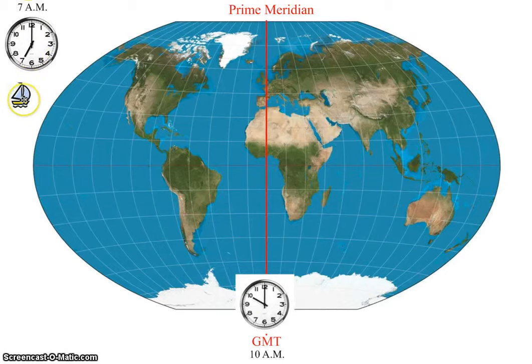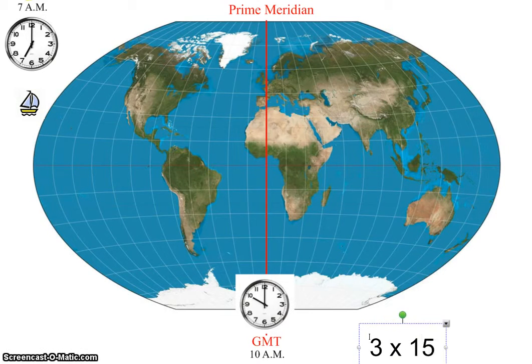Okay, so now on the ship, it's 7 a.m., 7 in the morning. And in Greenwich, England, it's 10 o'clock in the morning. Well, how many time zones apart are they? Well, from 7 a.m. to 10 a.m. is a 3-hour difference. Again, each time zone is 15 degrees wide. So we know that we are 45 degrees away from the prime meridian.